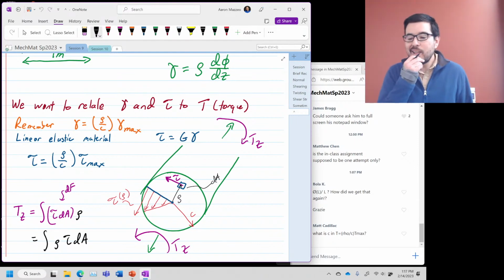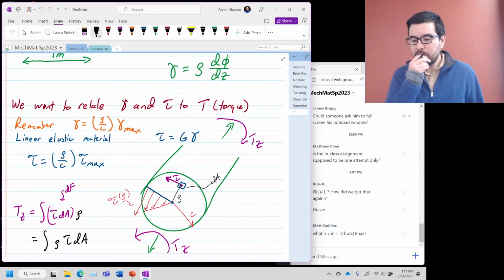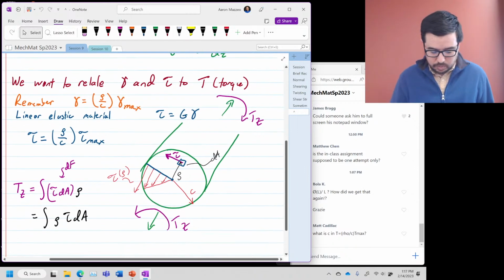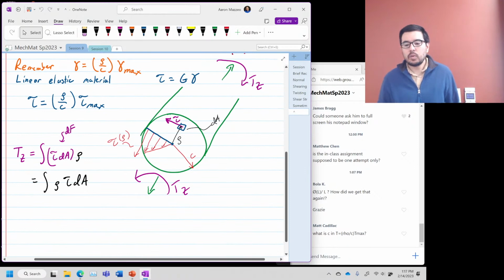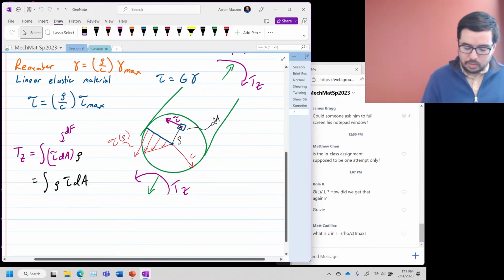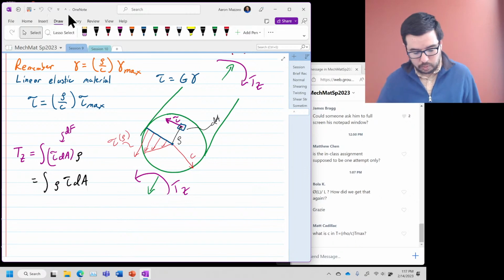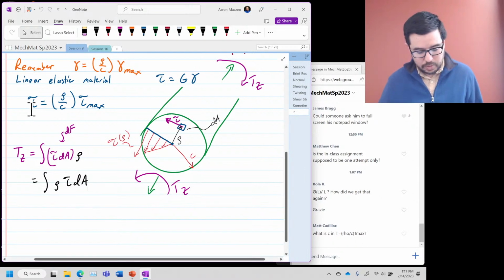Now, we have an expression right here for tau. It says that tau is equal to rho over c times tau max.